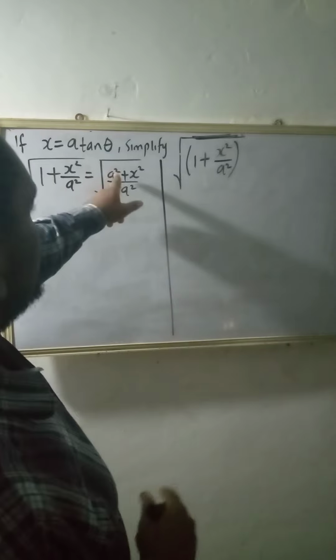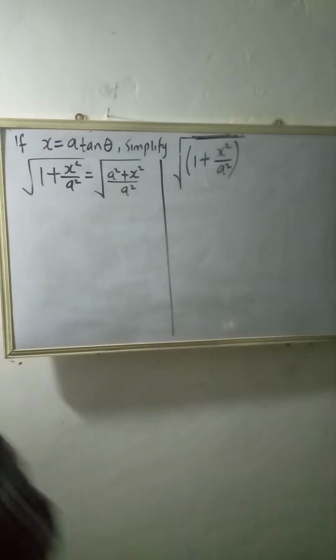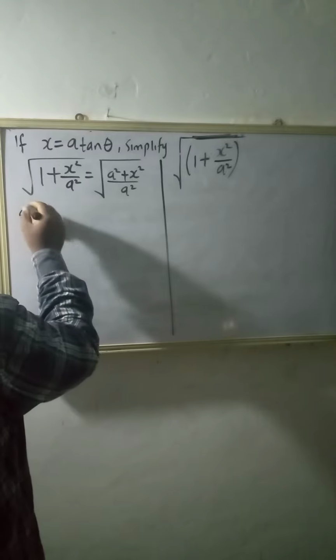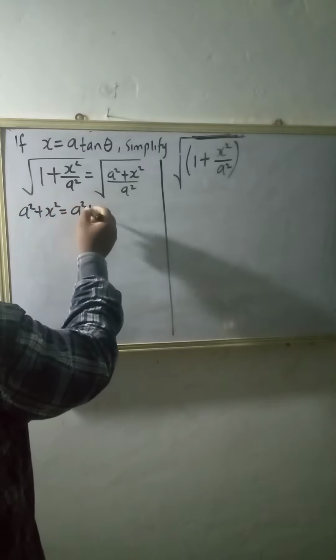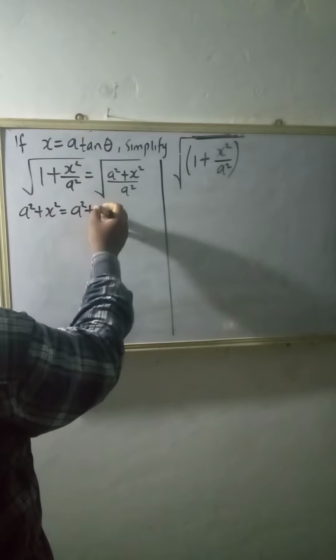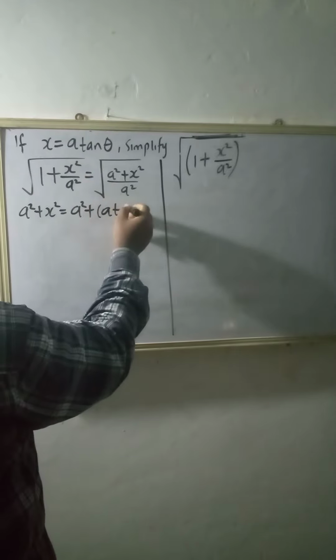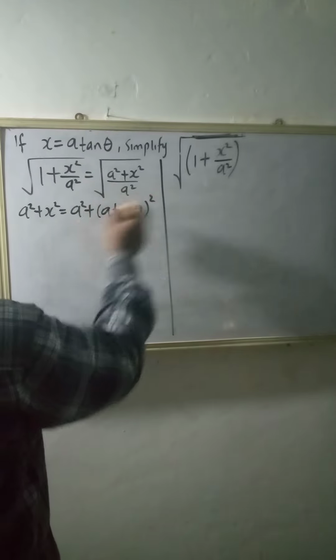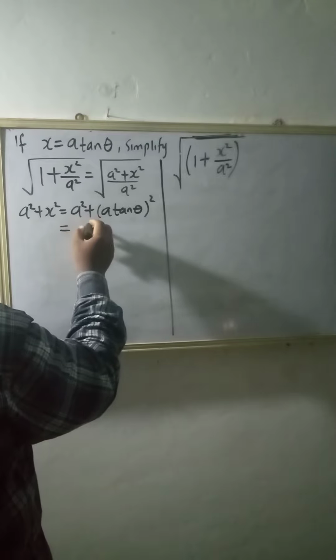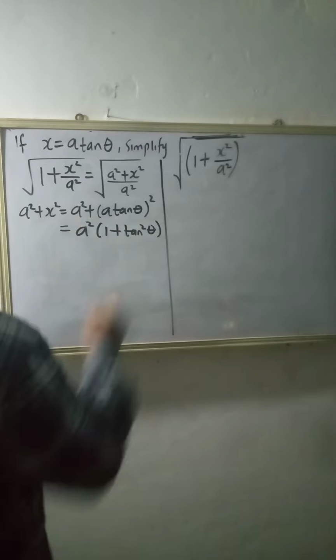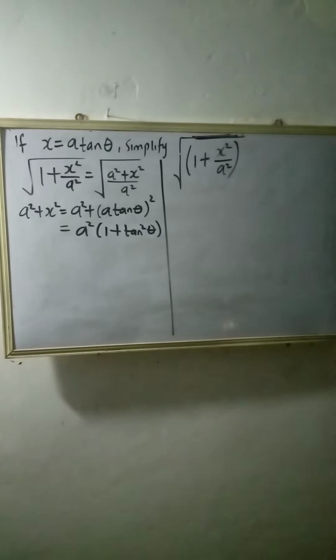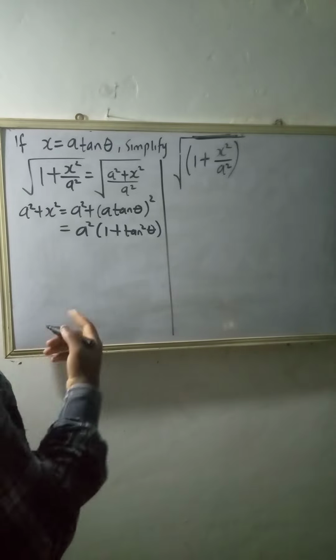So what I want to know is what exactly is a squared plus x squared. A squared plus x squared is a squared plus the square of this value of x. This is a tan theta all squared, and that gives me a squared times 1 plus tan squared theta.